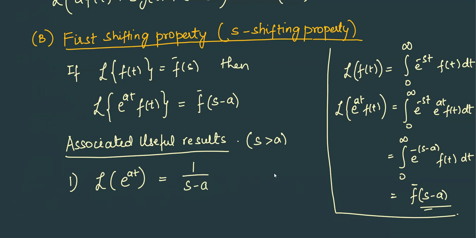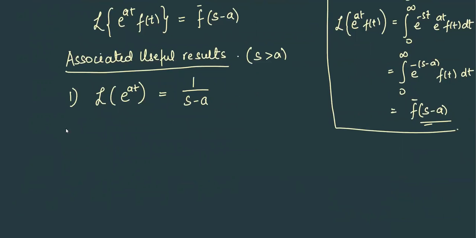Now Laplace transform of t power n we know. Now e power at t power n will be n factorial by s minus a to the power n plus 1.